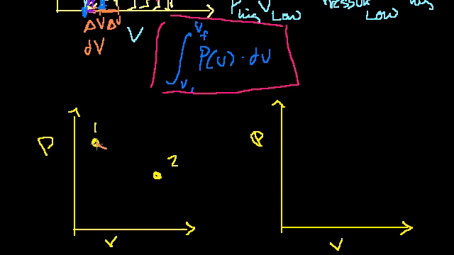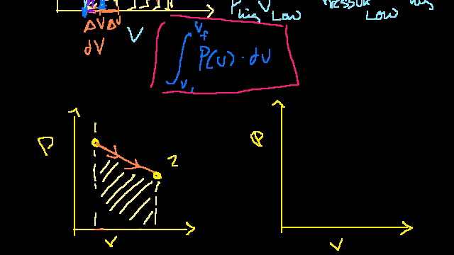So our system was essentially pushed up on the piston, and it could be a curve or a line. I'm not going to get too particular right now, but it was going in this direction. And so we can say that the work done was the pressure times the increase in volume at any moment. So the work done was the area under this curve. The work done was the area under that curve.